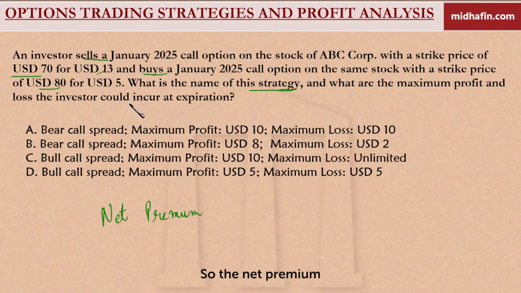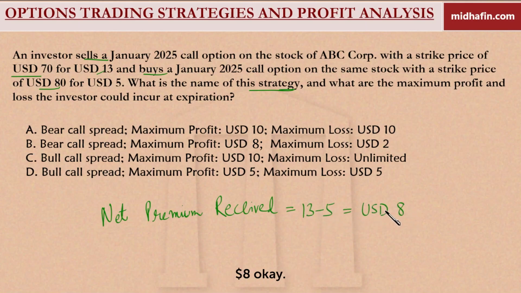So the net premium which is received, not paid. Okay, so net premium received over here is equal to 13 minus 5, which is nothing but $8. Okay, so $8 is the net premium which is received.